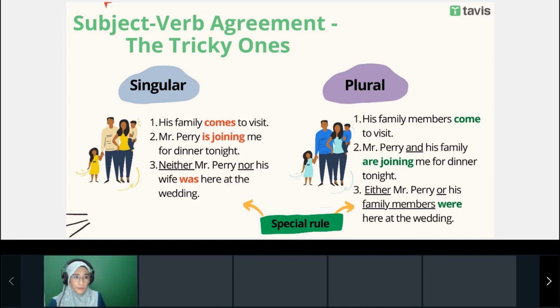So this is only a group. His family comes to visit. Family is one group. Even if you have the word group itself, his group, again, it's just one.